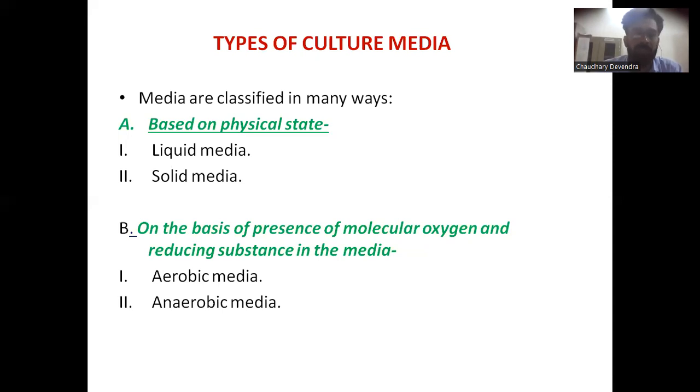We use aerobic medium for the aerobic bacteria. Anaerobic means they grow in the presence of carbon dioxide and absence of oxygen, so for those bacteria we use anaerobic medium.